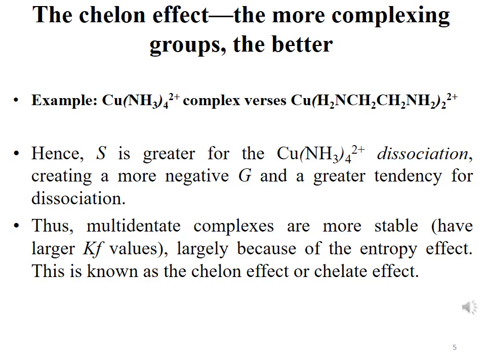This is known as the chelate effect, and it is pronounced for chelating agents like EDTA, which have more ligand atoms to occupy up to 6 coordination sites on the metal ions. So the complex that EDTA forms will be more stable compared to a complex formed with monodentate or bidentate ligands.